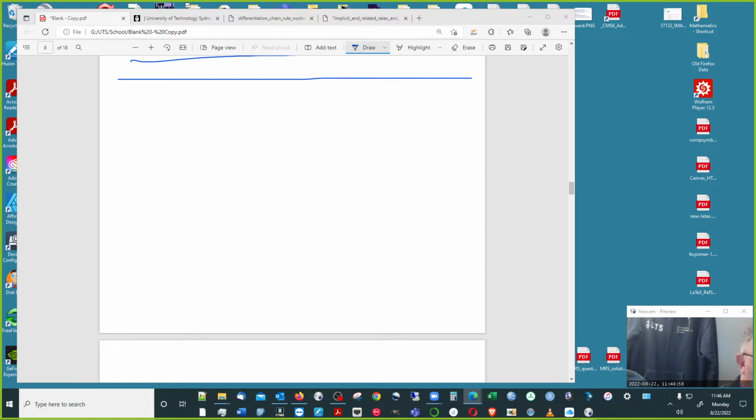If a shell follows the path defined by r in terms of a parameter, that's also a vector. How do I know it's a vector? Because it's got this underneath it, and it's made up of parameters. t will change the location. cos alpha, that's a unit vector, plus t v0.